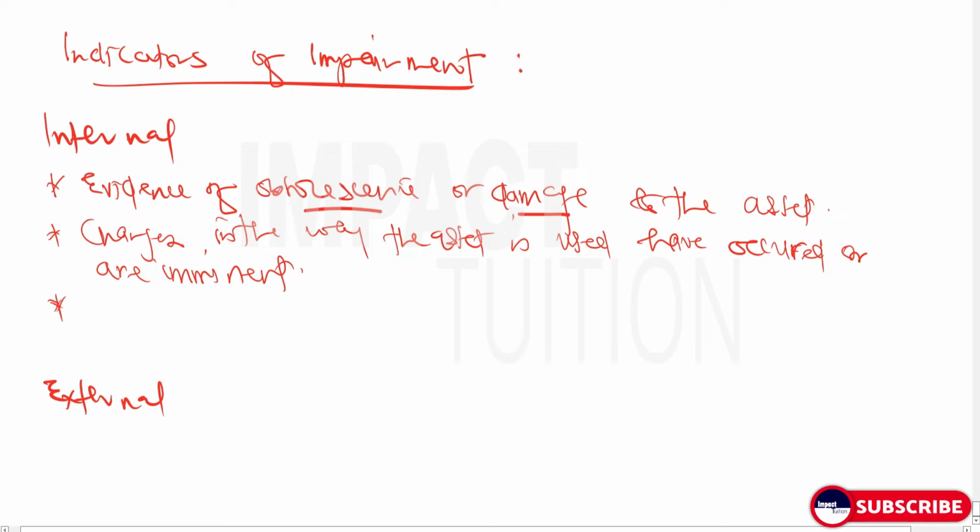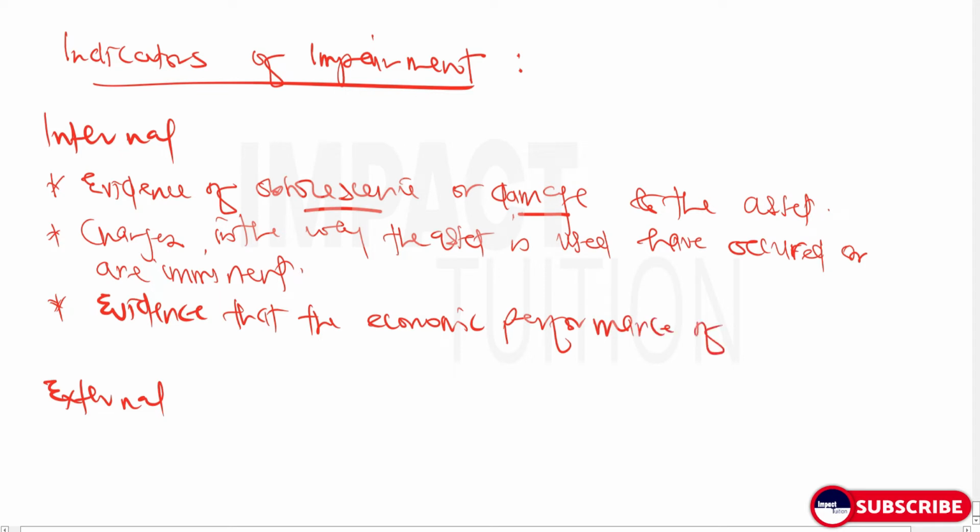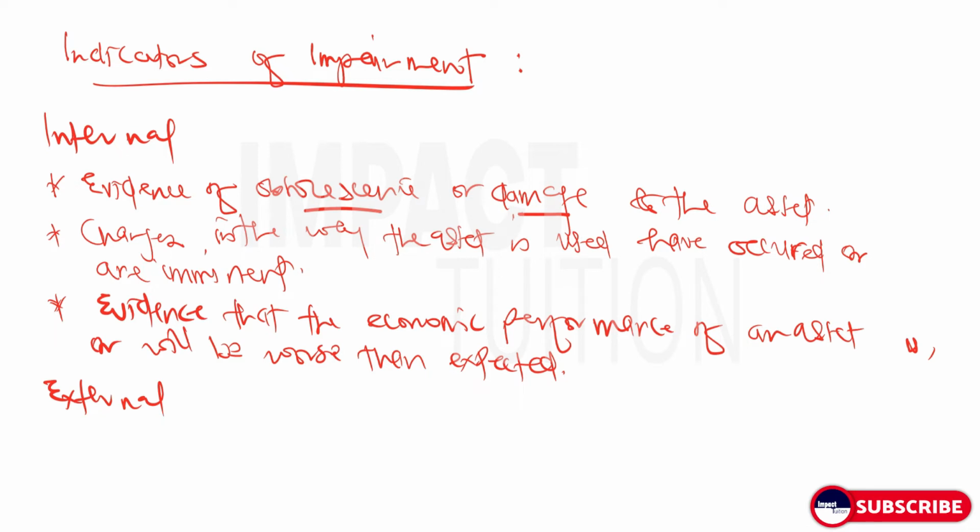Now, when there is evidence that the economic performance of an asset is or will be worse than expected, this is also an internal indicator of impairment.